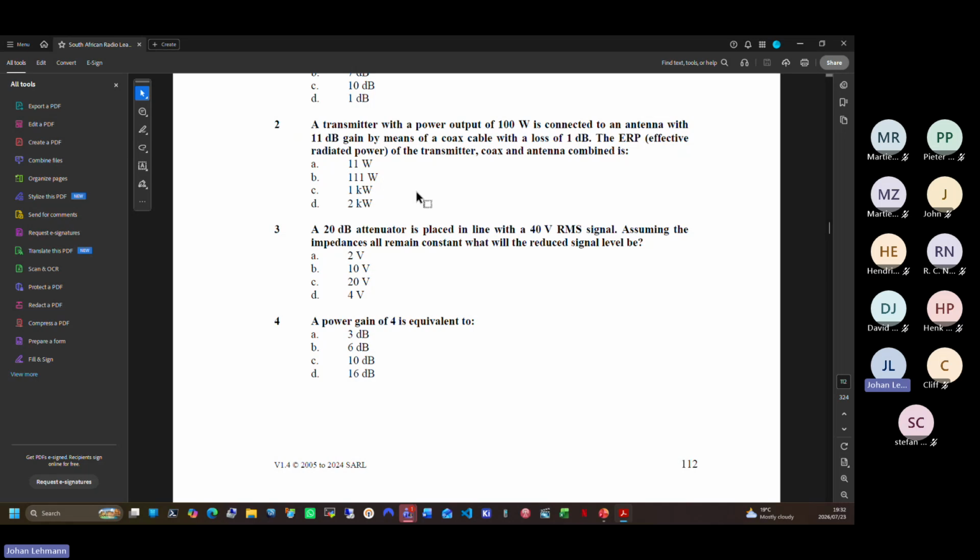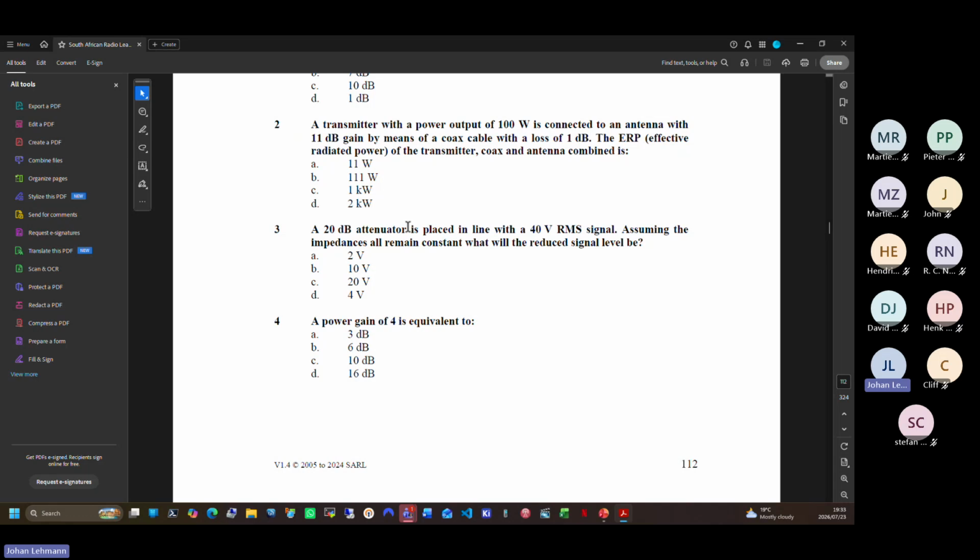How do we get to 50 dB? Remember, we said we're working with a 1 milliwatt reference. So 100 divided by 0.001, 10 times the log of that will give you 50 dBm. Any guesses on the answer? If I take a wild guess, I'll say C, with that 11 dB gain. Yes, it is C. It's 1 kilowatt. Correct.